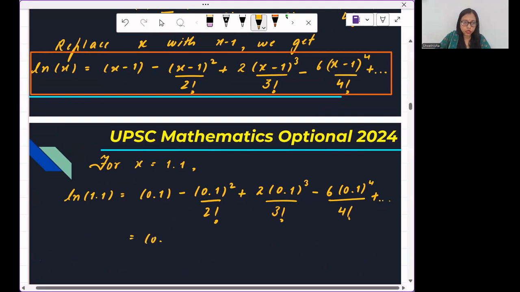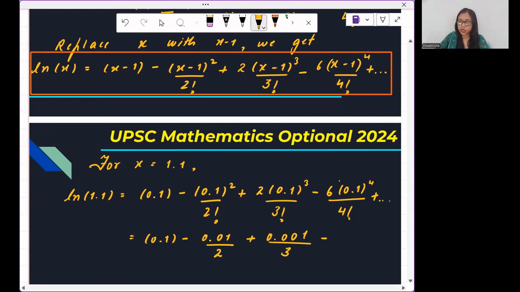So it can be reduced to 0.1 minus 0.01 divided by 2 plus you can cancel this 3 with the 3 factorial, only 3 will be left. So it's 0.001 divided by 3 minus, again here 6 will be cancelled, 6 is just 3 factorial, so it will be 4 in the denominator. So 0.0001 divided by 4.